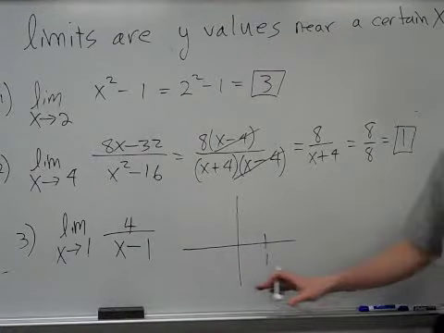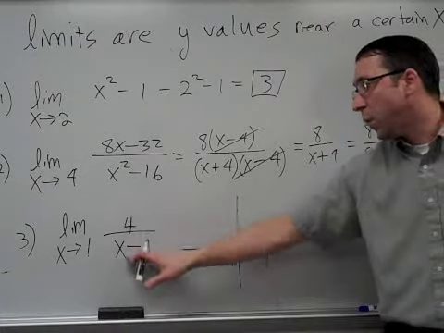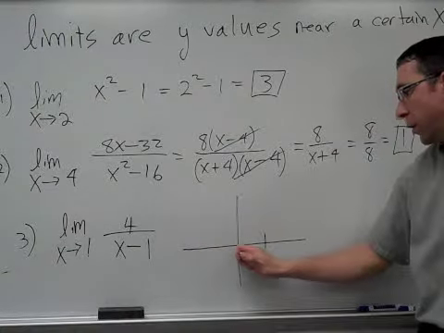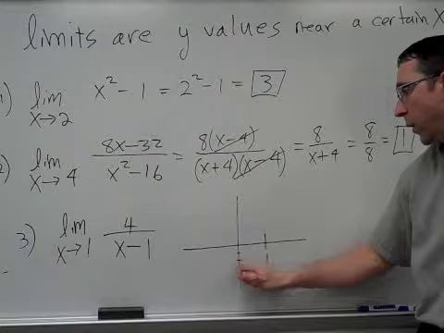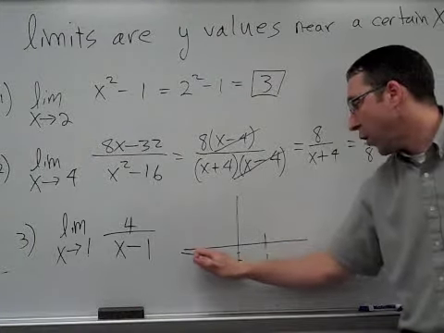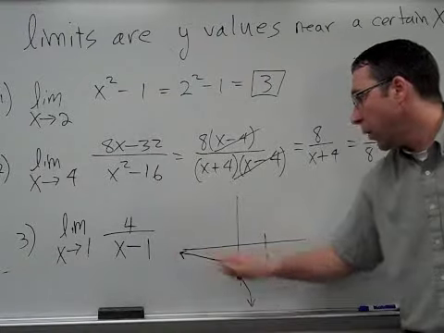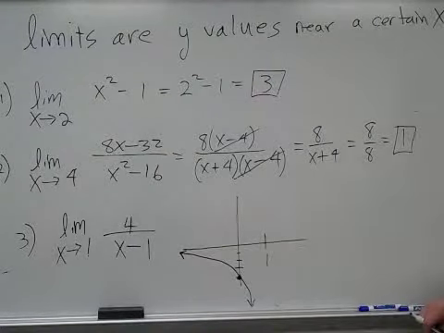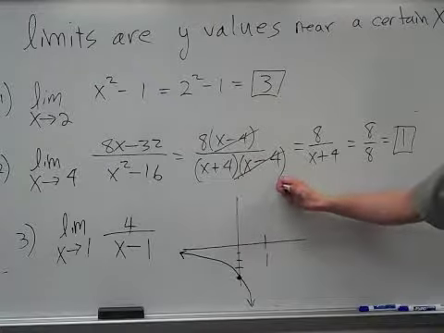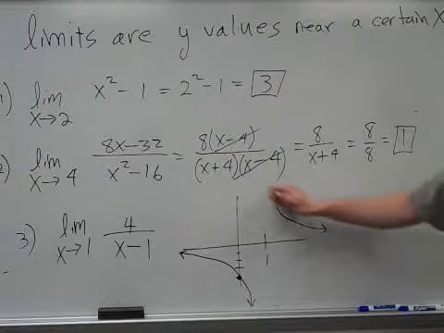Well, graphing it by hand, you could plug in a 0 for x, which gives you 4 over negative 1, which is negative 4. So that means the graph's like this. And from what I know about the way these curves move, the graph will bend in that direction. It'll also curve in this direction like so.